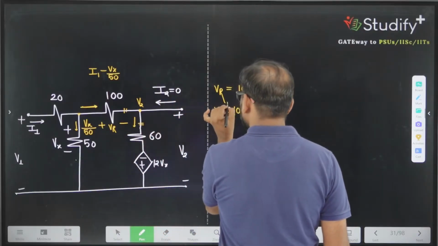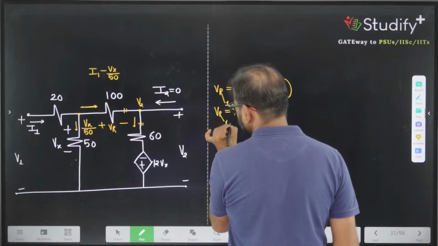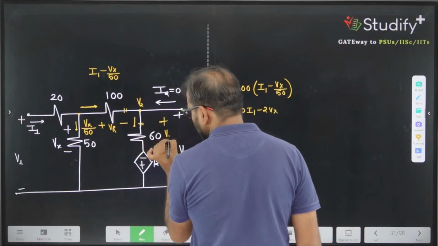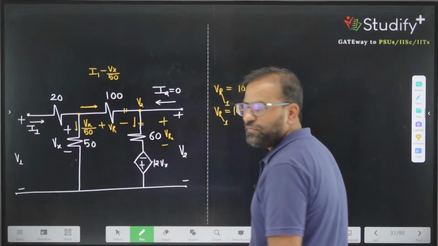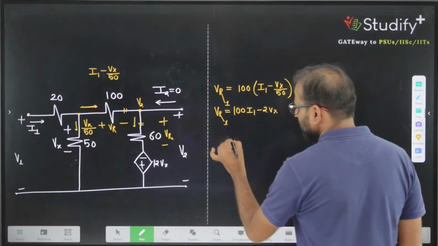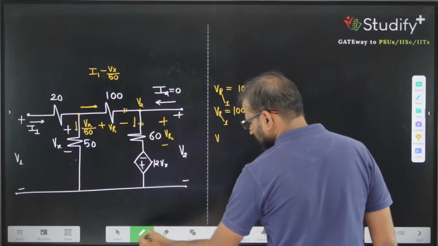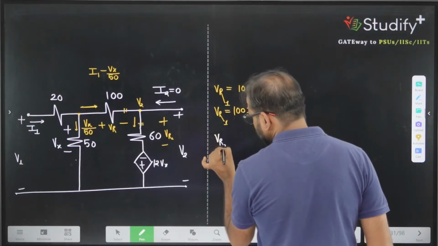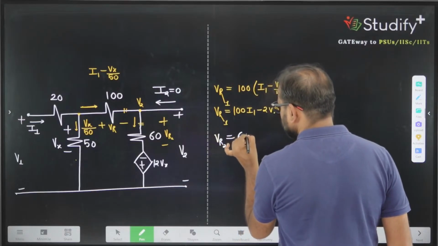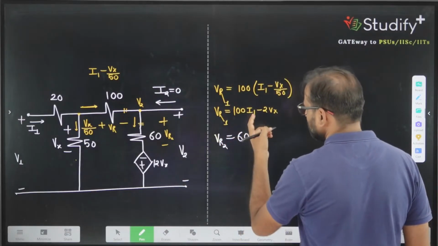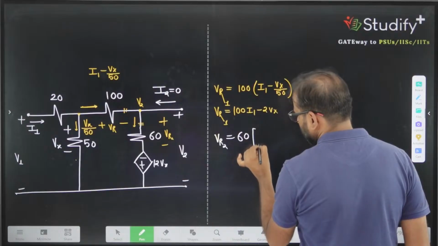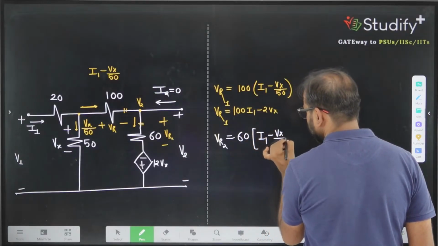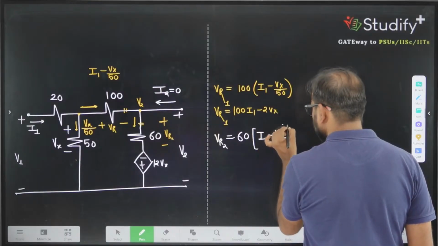I am calling this potential VR1 and this potential VR2. So what is the value of VR2? The value of VR2 is given by 60 times of (I1 minus Vx) by 50.